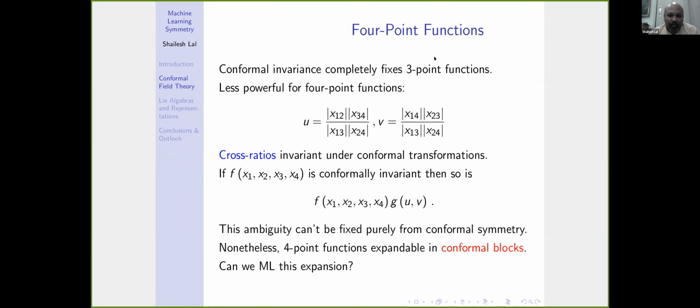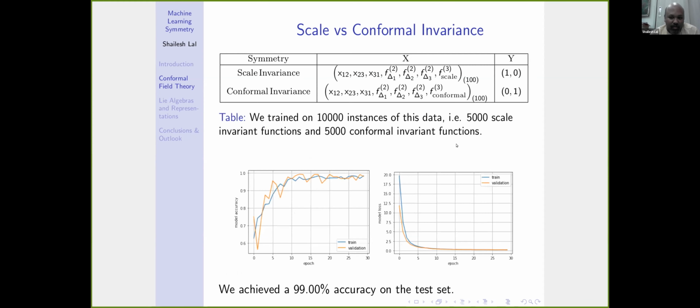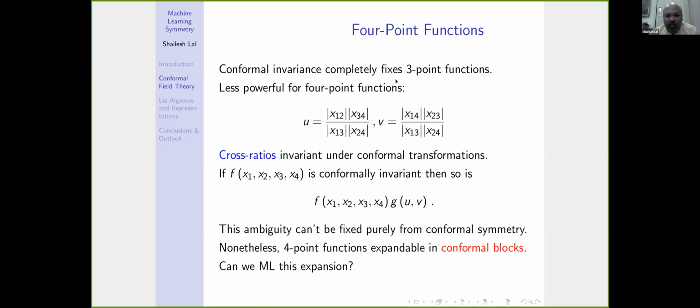Now we turn to 4-point functions. As I said, conformal invariance completely fixes 3-point functions up to one unknown number, with fixed exponents. But it's less powerful for 4-point functions, because when you have 4 points, you have the possibility of considering ratios called conformal cross ratios.